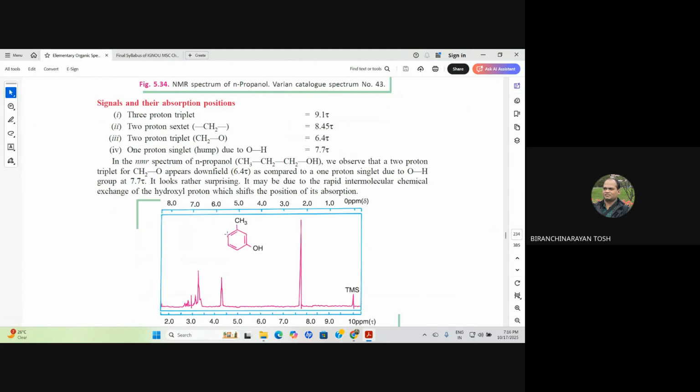The methyl gives one signal, the hydroxyl proton a second signal, and the ring protons a multiplet.